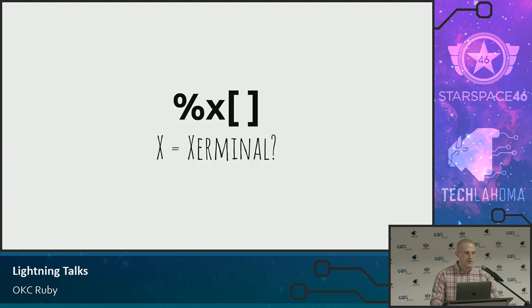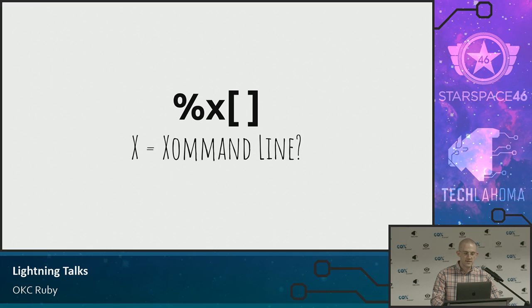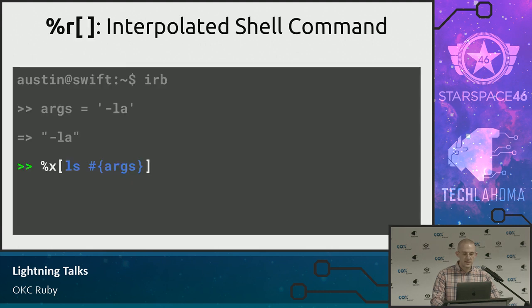X, this one's kind of weird. I don't really feel like there's a good moniker for it. So terminal, maybe console or command line. Yeah, any of those. This one I think is probably the most fascinating. I haven't thought of a great use case for it, but if you ever want to run command line within your code and get the output back, you can do that.